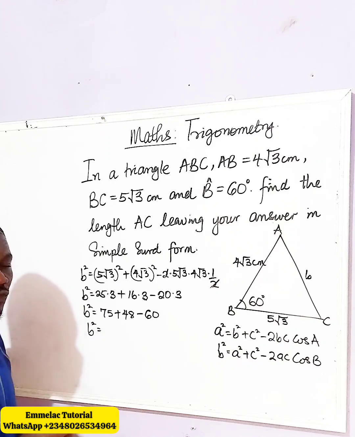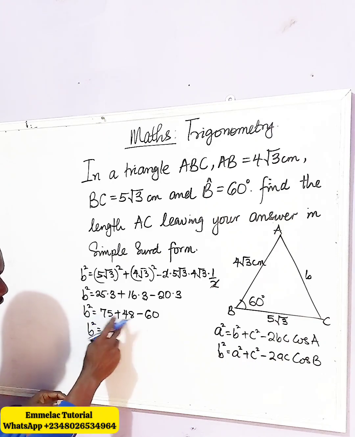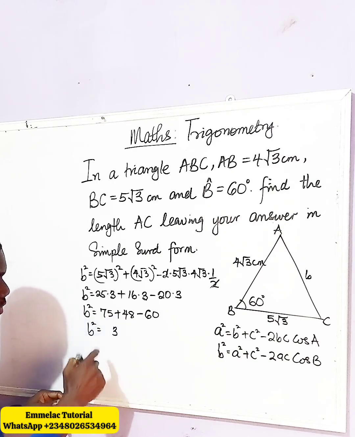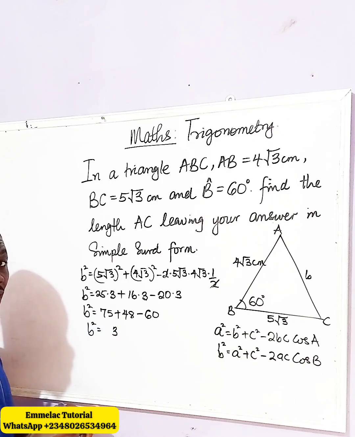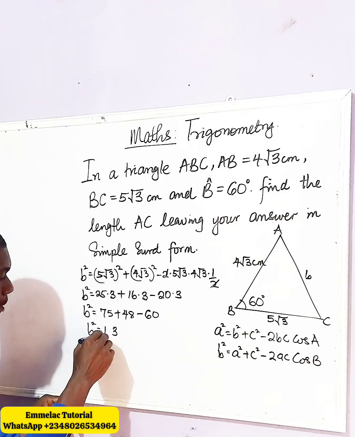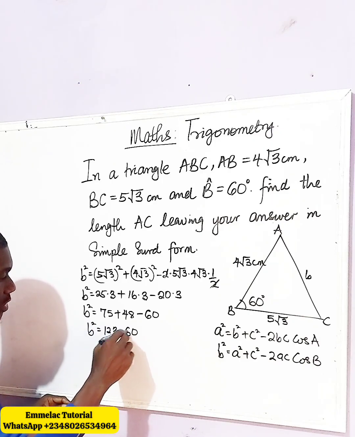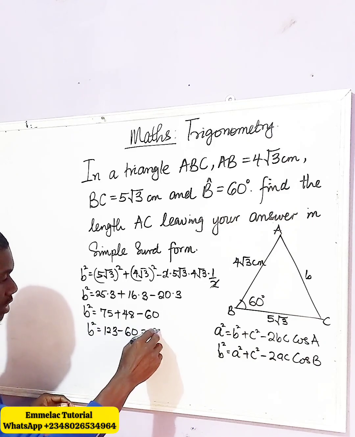So 75 plus 48 will give us 123, then minus 60, so we end up having 63.